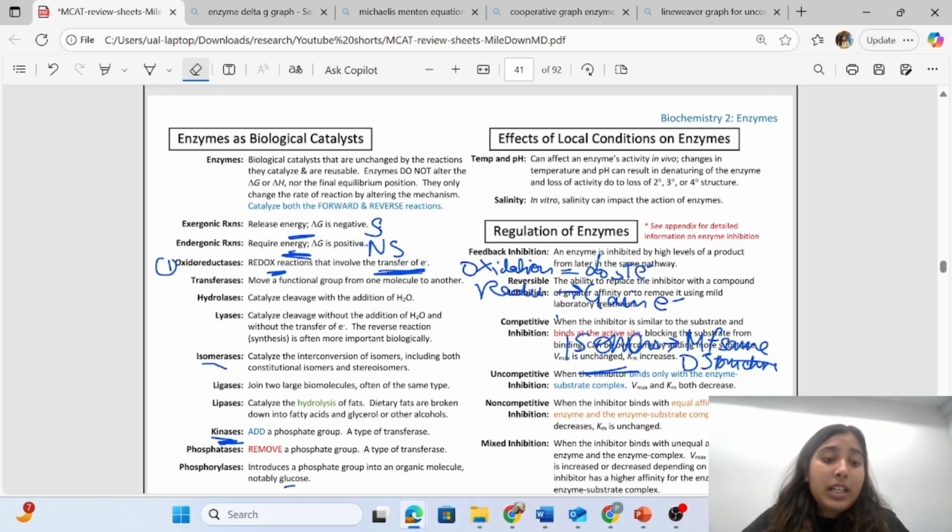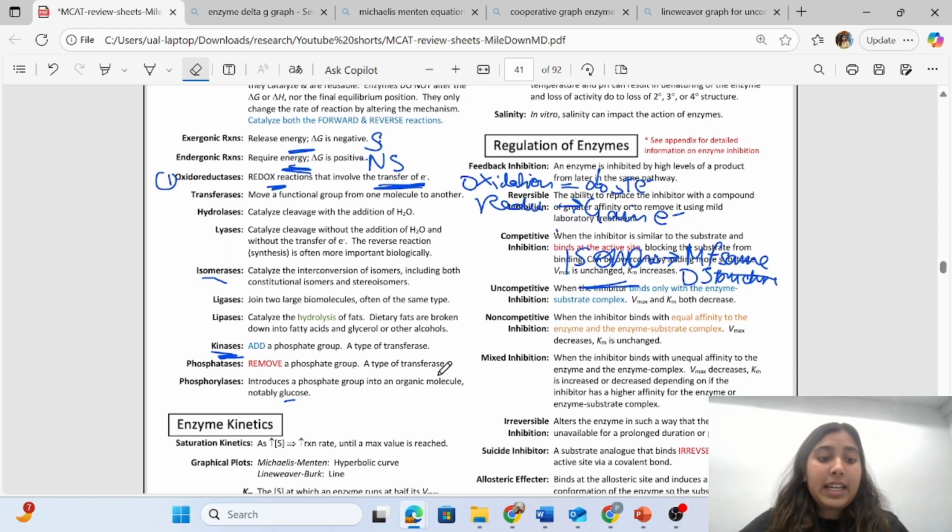Okay, now we come to kinases. Kinase is another type of enzyme which is used in phosphorylation because it adds a phosphate group. Phosphorylation is a process we'll learn in further chapters. It results in modifications like post-translational modifications and post-transcriptional modifications.